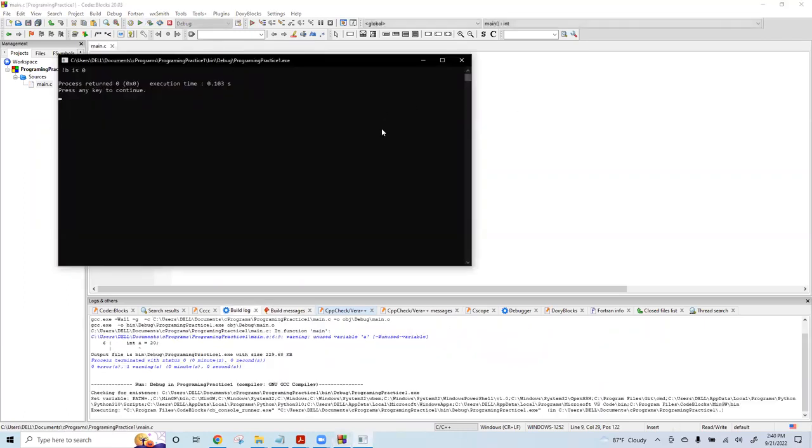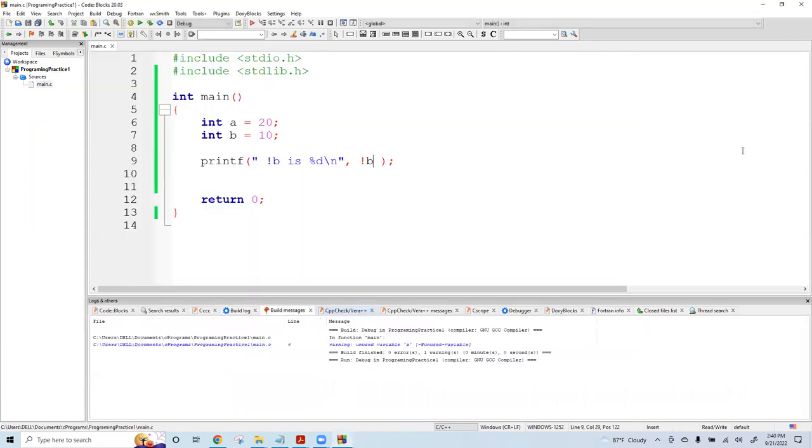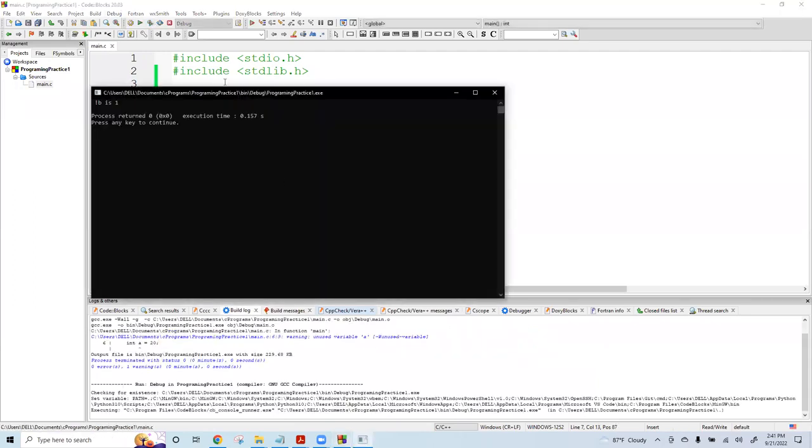The result will be the same, right? Not B. See, B is 10. It is non-zero. That means B is considered as 1. Not B. It is 0. Suppose B is 0, then the result will be 1.